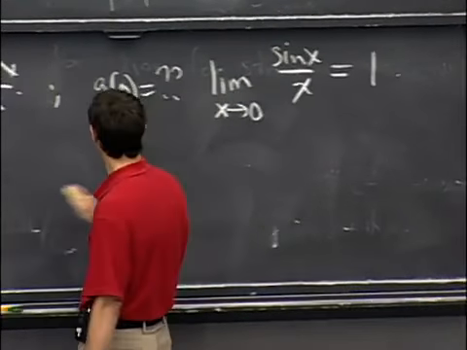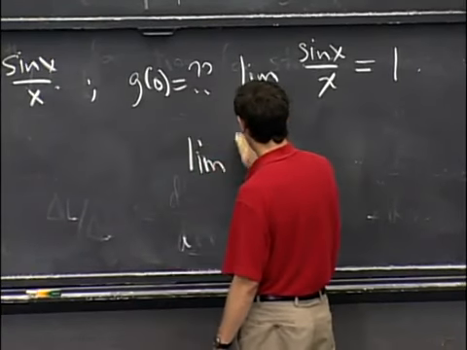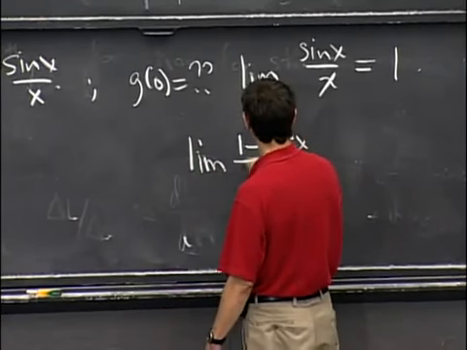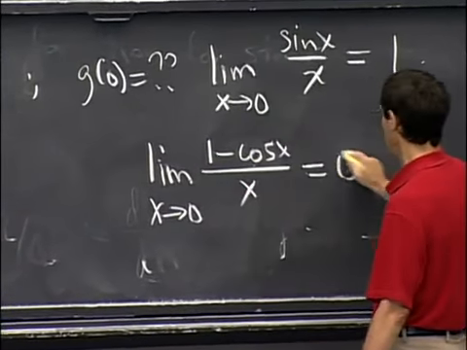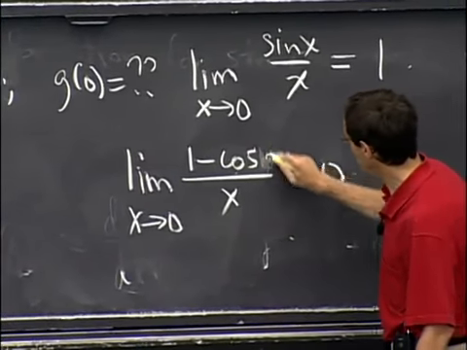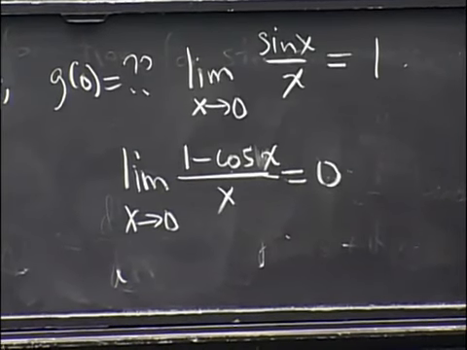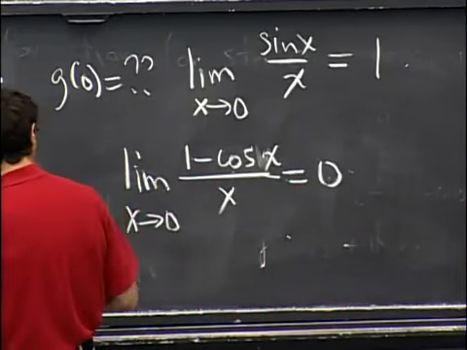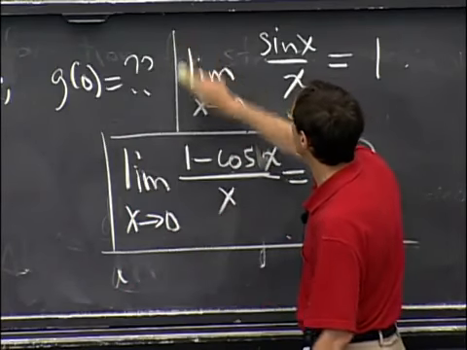And similarly, the limit of 1 minus cosine x divided by x as x goes to 0 is 0. All right, maybe I'll put that a little farther away so you can read it. Okay, so these are very useful facts that we're going to need later on.